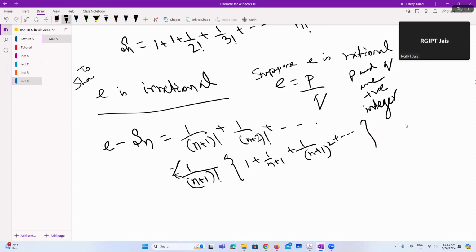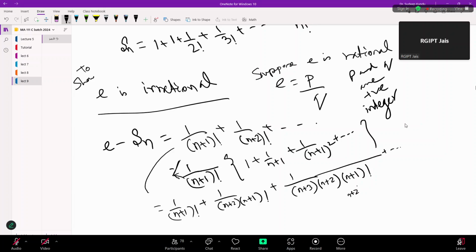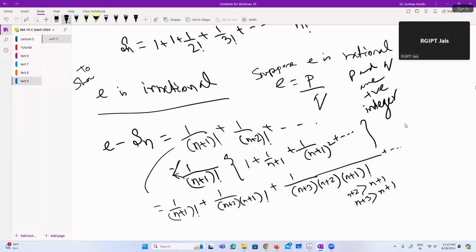So what have you used here? Then what have you used? This n plus 2 is greater than n plus 1, and n plus 3 is greater than n plus 1. So ultimately you will get this one.